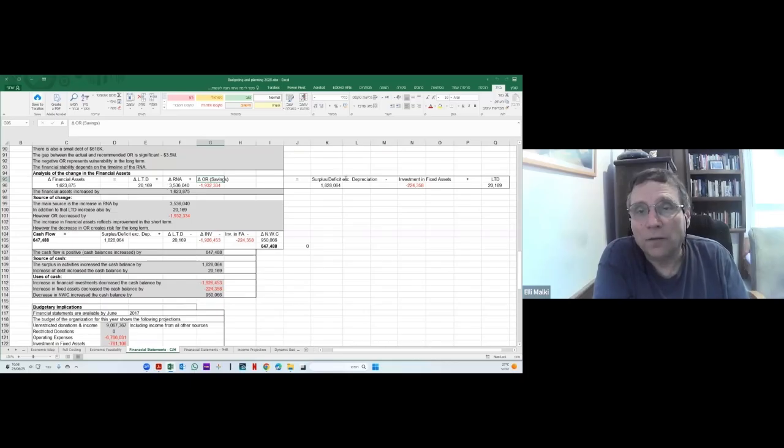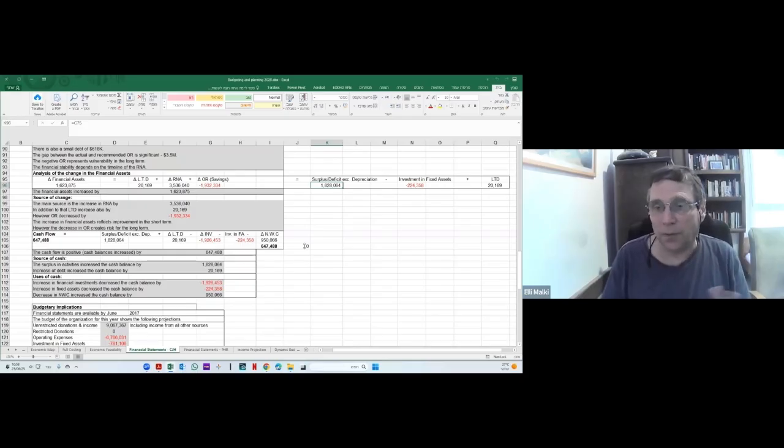The overall surplus or deficit, which is represented here, includes both surplus or deficit in restricted and unrestricted.